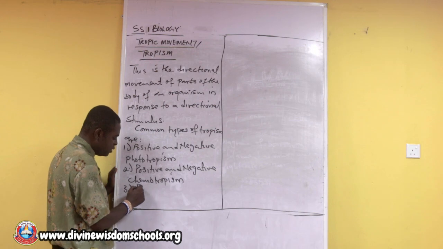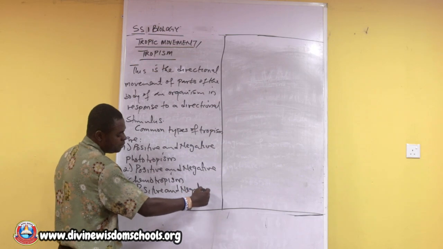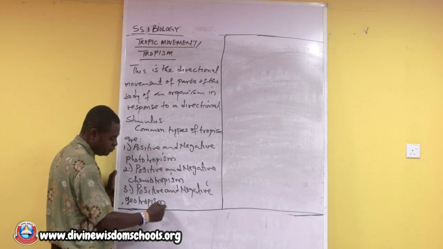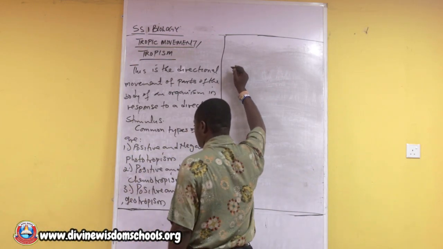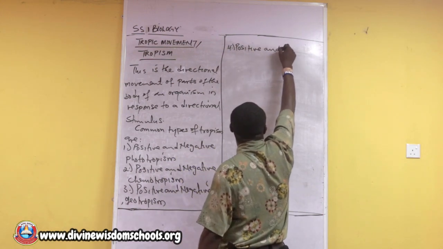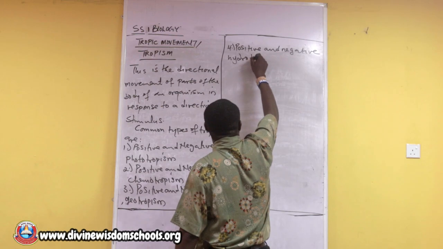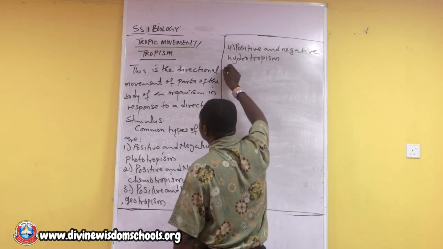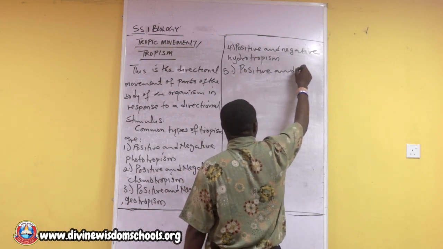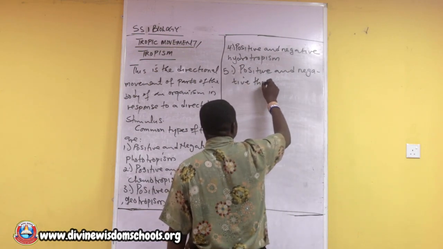We have positive and negative geotropism. Number 4, you have positive and negative hydrotropism. Number 5, you have positive and negative thermotropism.